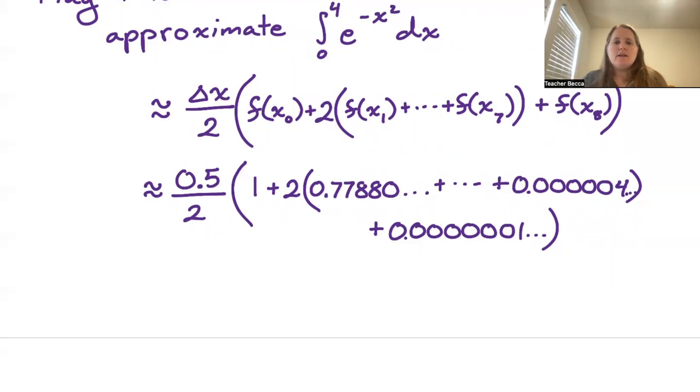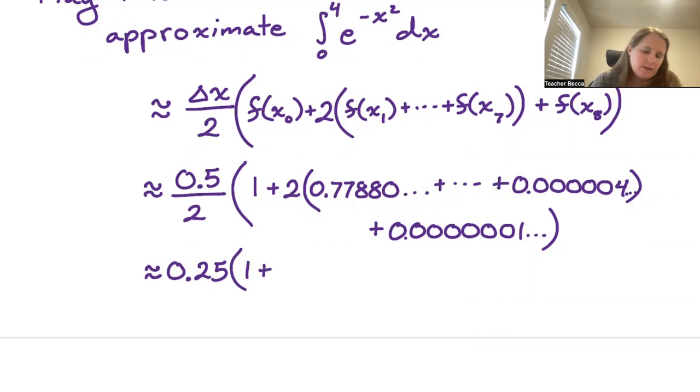So if we go ahead and add all of these together and we do our multiplication, we wind up getting 0.5 over 2 becomes 0.25. Then we have 1 plus that 2 times the inner parentheses, which winds up totaling up to 1.27245 and so on.